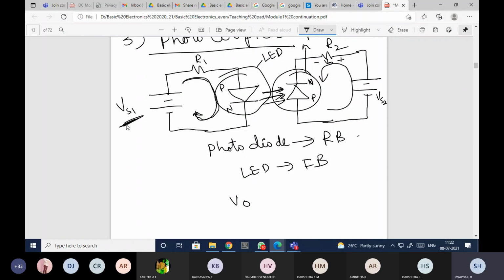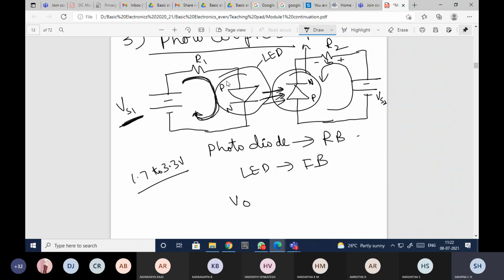So for a specific power supply, this diode will be forward biased, so the current will start flowing in this direction. Until 1.7, or anything between 1.7 to 3.3 volts, very small current will flow, and after that it will increase linearly.